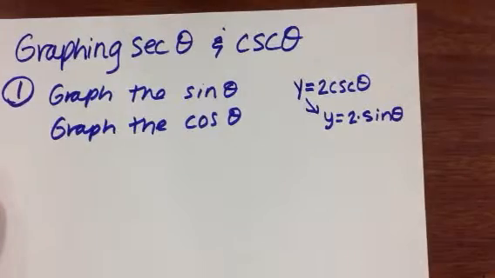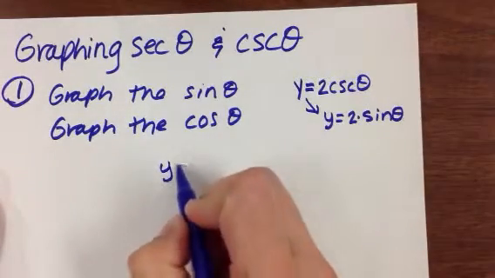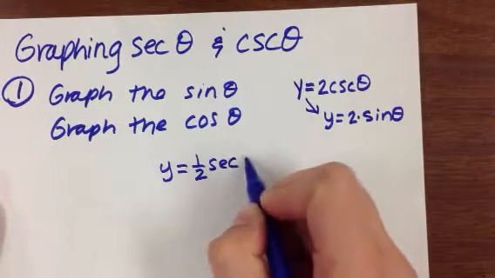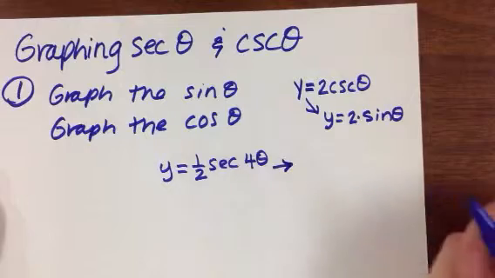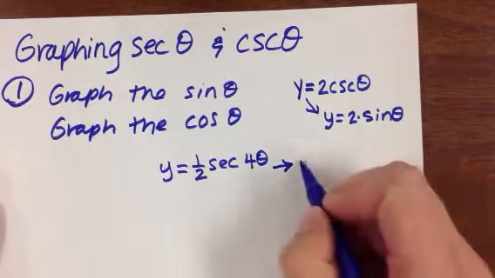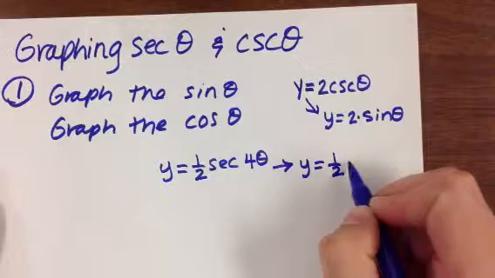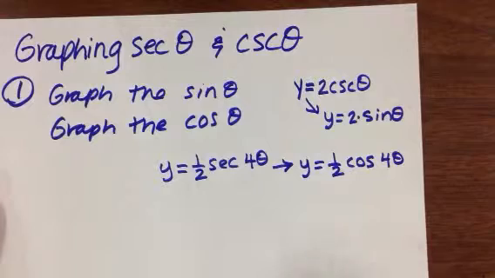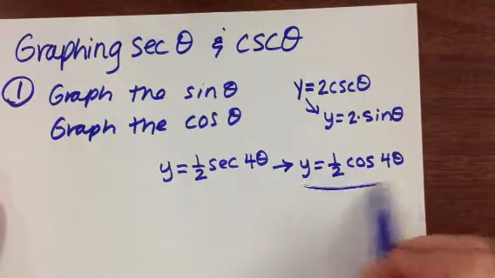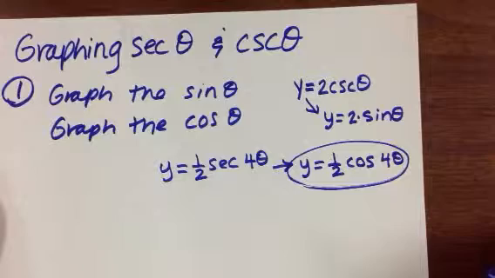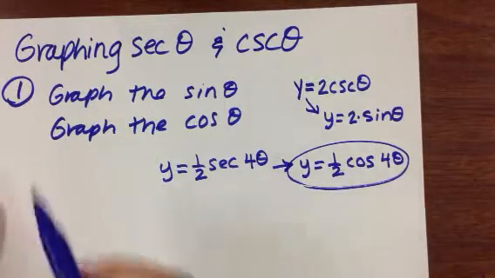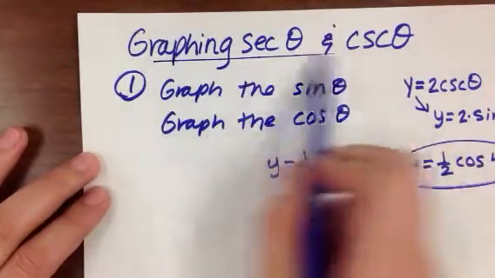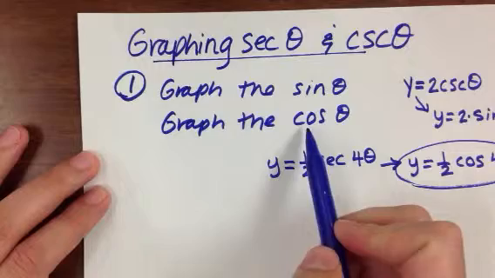Or if you're asked to graph y equals 1/2 of the secant of 4 theta, what I want you to graph first is the cosine function y equals 1/2 the cosine of 4 theta, because it's just the reciprocal function. If we know how to graph that quickly, then I know right where my asymptotes are and I can make my U-shape curves. So step 1 when graphing secant and cosecant is to graph the sine or the cosine graph first.